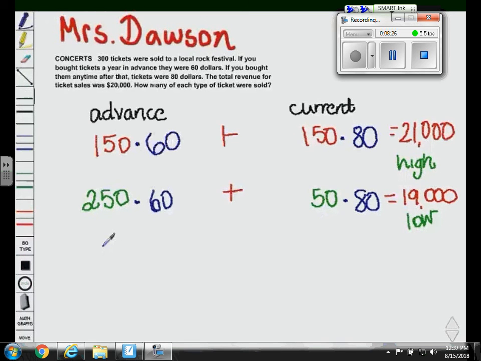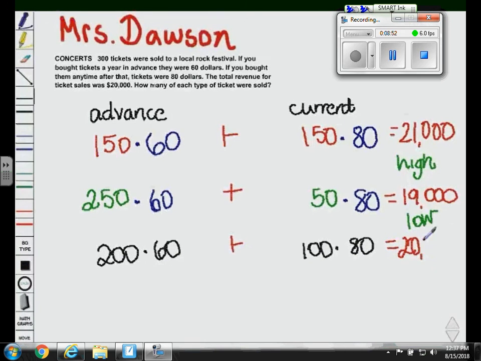So let's try 200. Advance ticket sales for $60 each. Since there were 300 tickets total, that's 100 tickets at $80 each. 200 times 60 plus 100 times 80 results in 20,000.